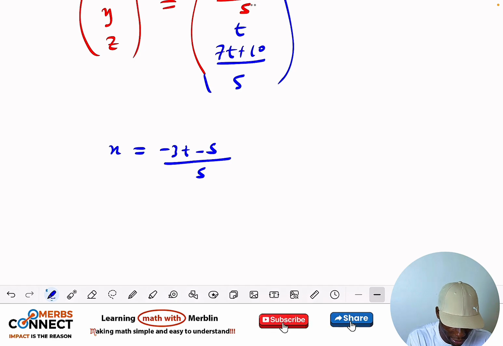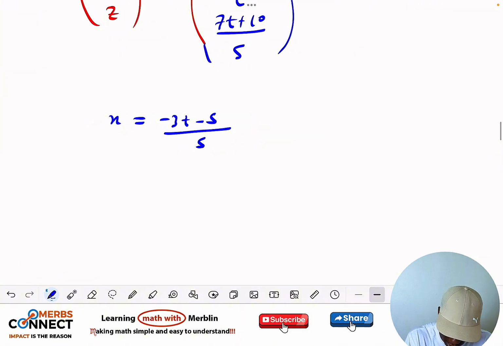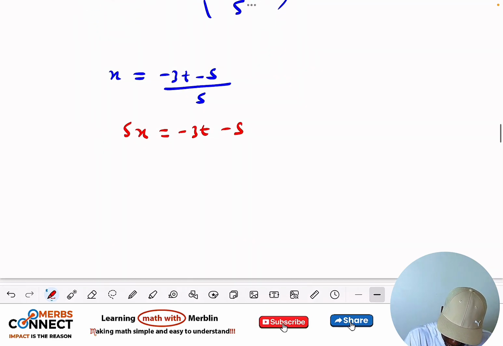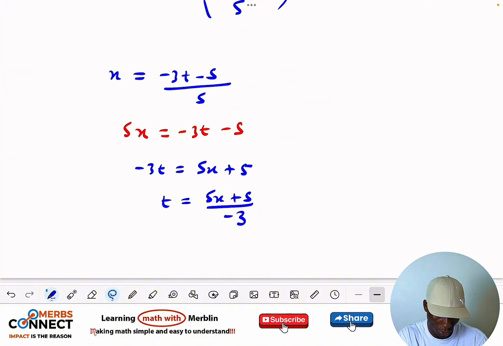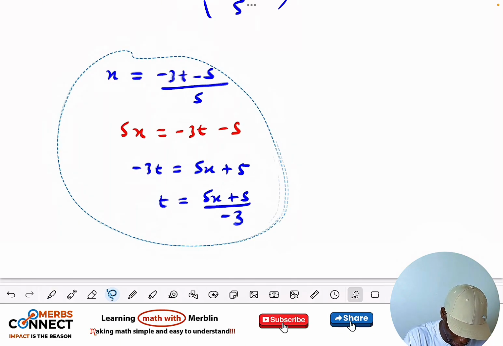So when I want to do that, I'm going to have 5x is equal to minus 3t minus 5, and making t the subject, minus 3t is equal to 5x plus 5, and t will be equal to 5x plus 5 divided by minus 3. So this is when I'm making t the subject from the x component.